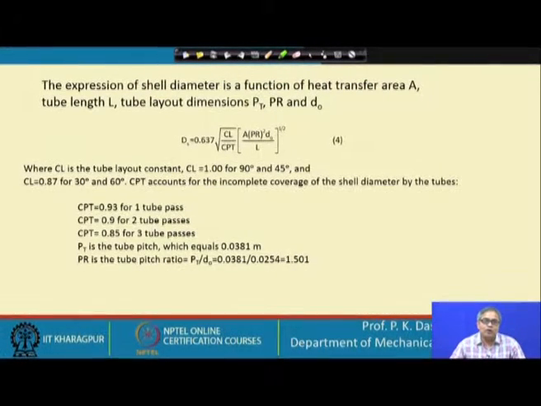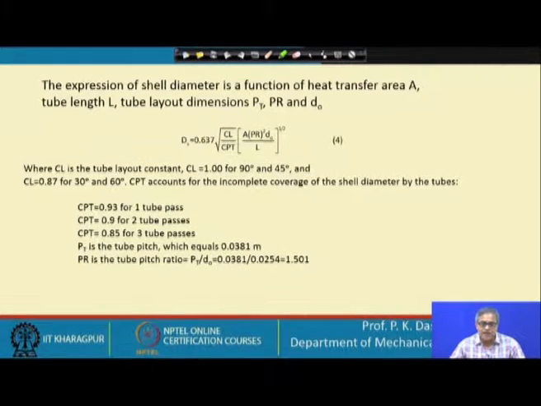Now, so far we have not got the shell diameter. Shell length we have some idea, that tube length is around 15 meter, I believe, that is what we have calculated. So, of that order the shell length should also be of that order.